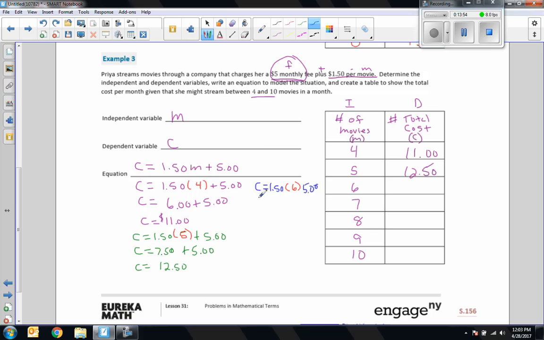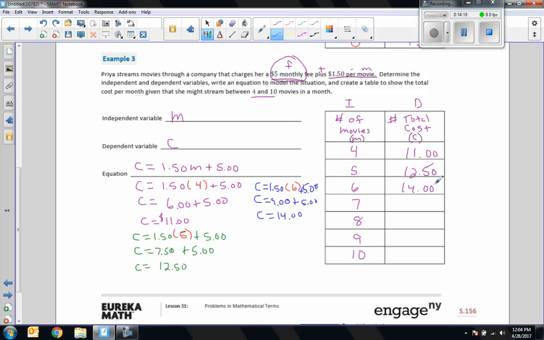So C equals 6 times 0 is 0, 6 times 5 is 30, carry the 3, 6 times 1 is 6, plus that 3 is $9, plus $5 here, so the total cost would be $14. So if I write $14 here, look at what's going on now. $11 to $12.50 is a change in $1.50.